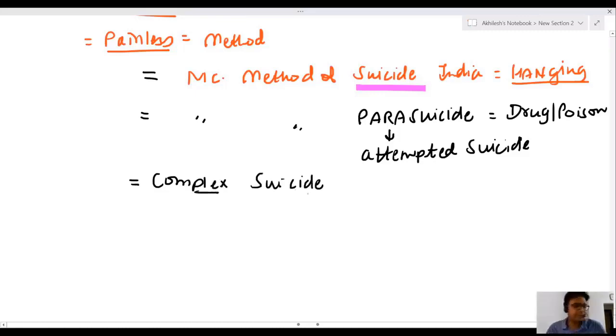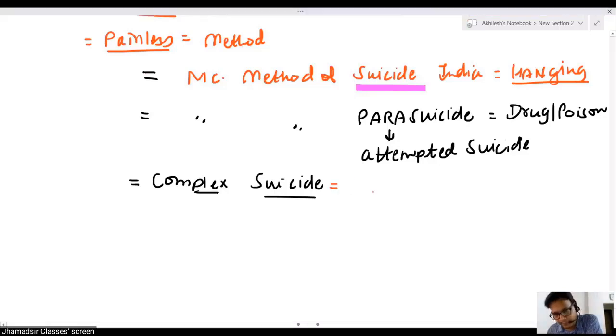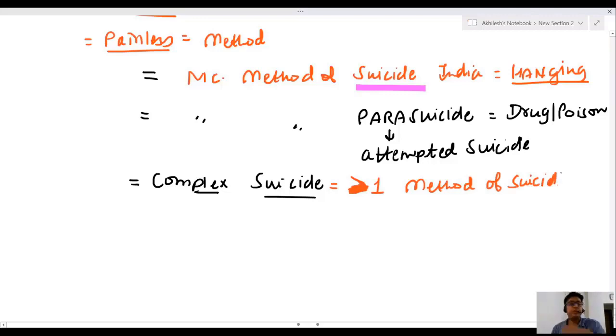Now come to complex suicide. What is the meaning of complex suicide? You use more than one method of suicide to ensure death.